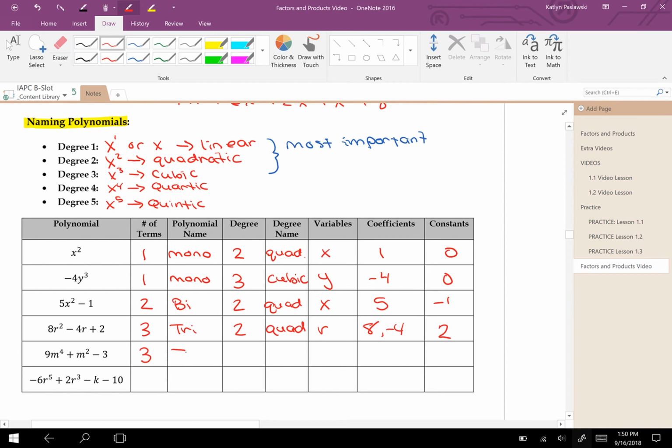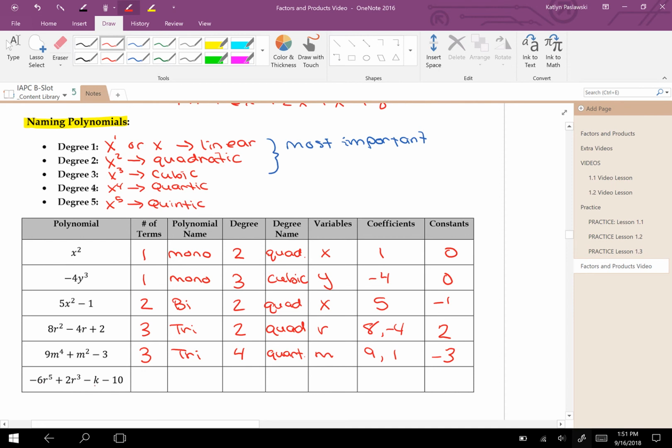We have 3 terms, which we call a trinomial. The highest degree would be 4, and that would be a quartic. Listing the variables we have is m. There's a 9 coefficient and a 1 coefficient, and the constant is -3.